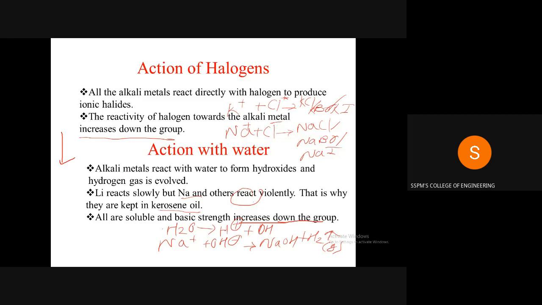In the action with water, they form a hydroxide, and basic strength increases down the group. Sodium is more reactive than lithium, hence it is kept in kerosene oil.